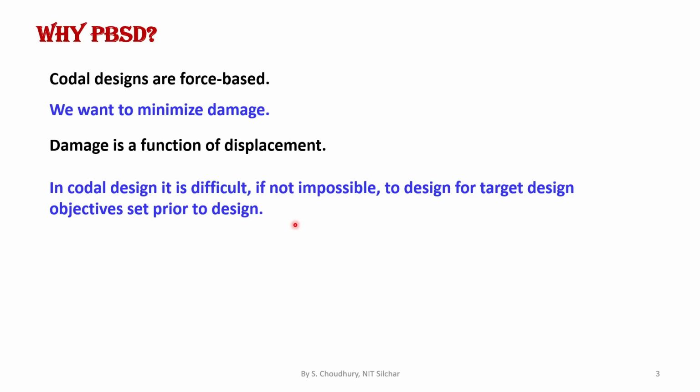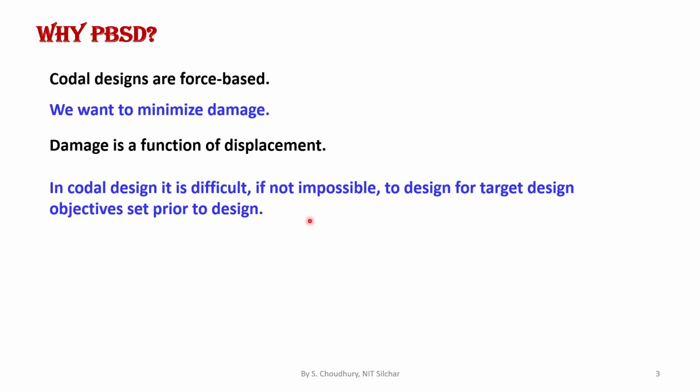What you can do is follow the codal design as given in the code prescriptions, and finally check whether 2% drift is obtained or not. If not, you make another iteration, and you do not know how many iterations will be required, maybe hundreds, before you achieve that 2% drift.